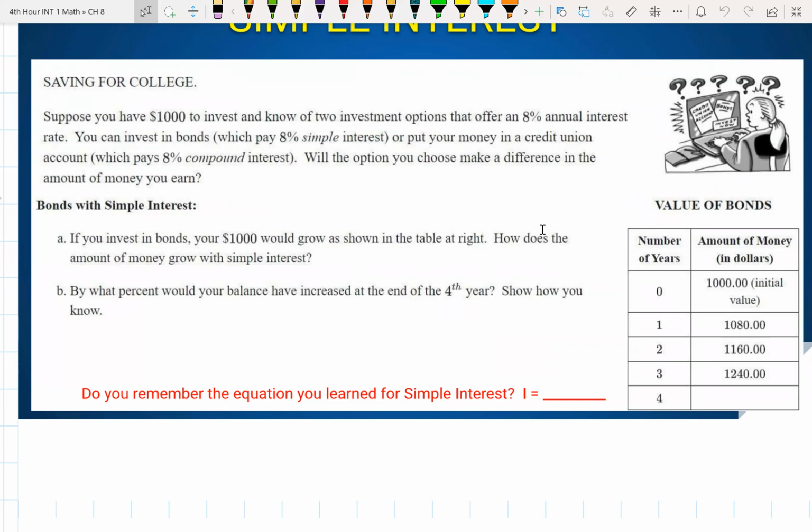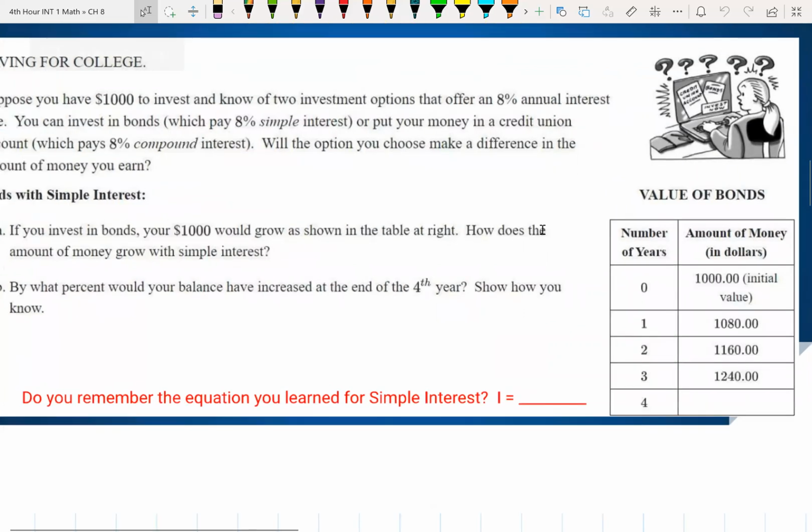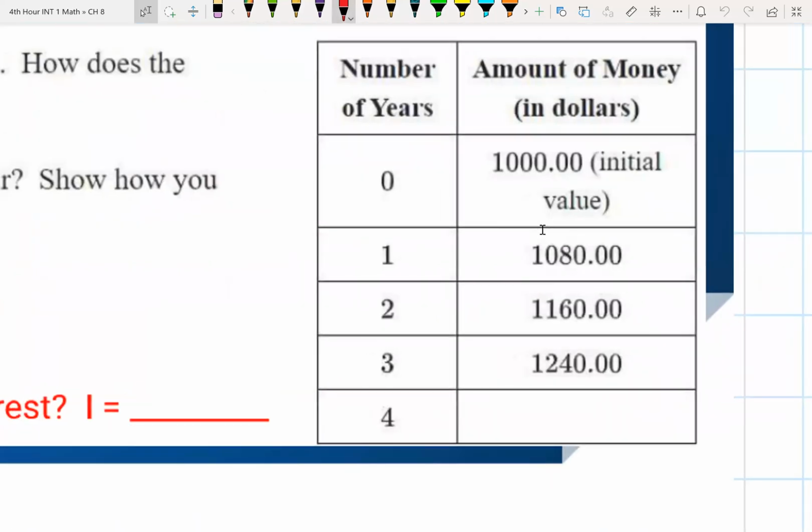Well, let's take a look. How is the money increasing over time here? It looks like we are adding by $80 each time. We just keep adding that $80, and that gives us the next amount of money after another year has gone by.